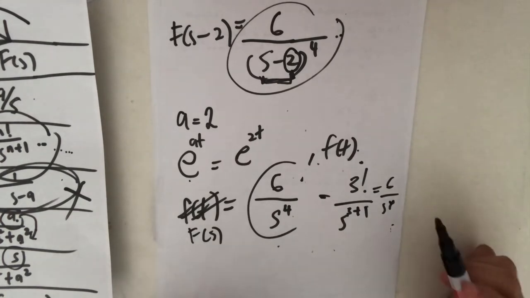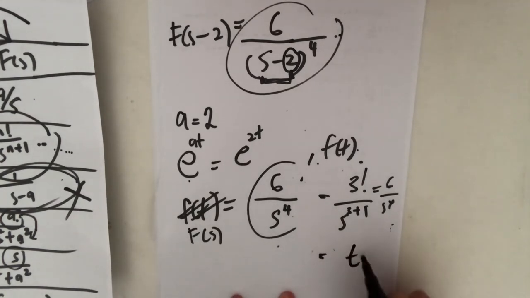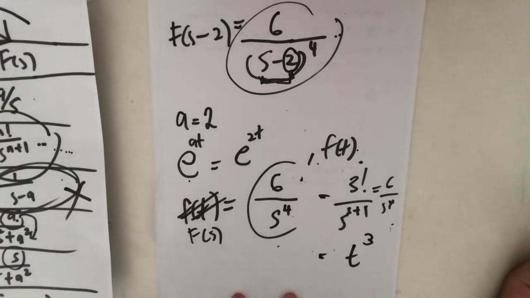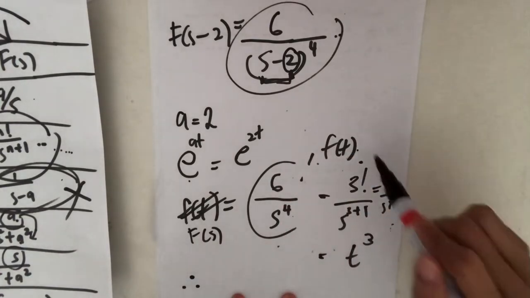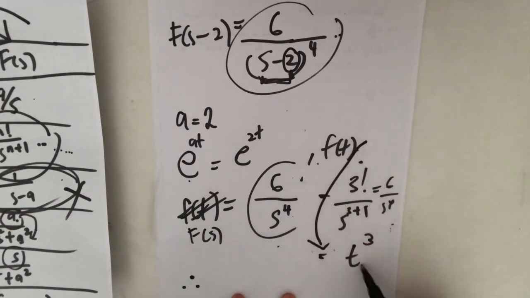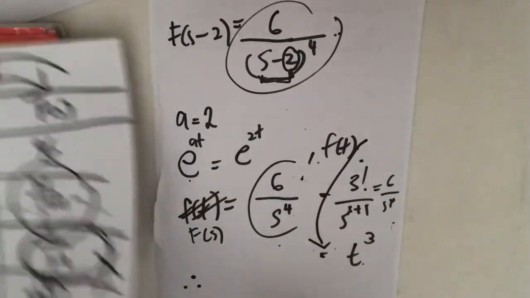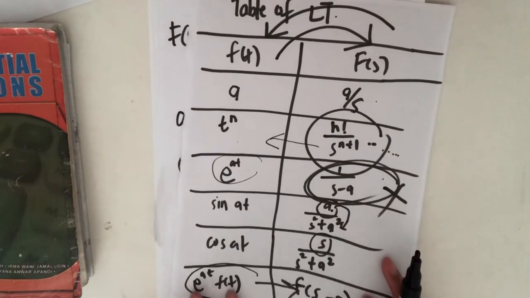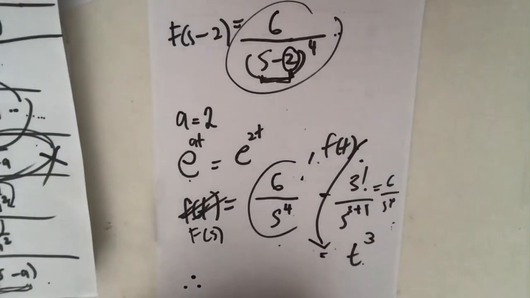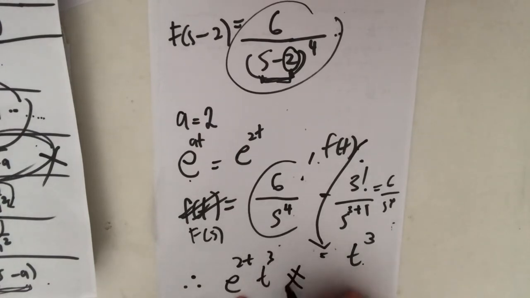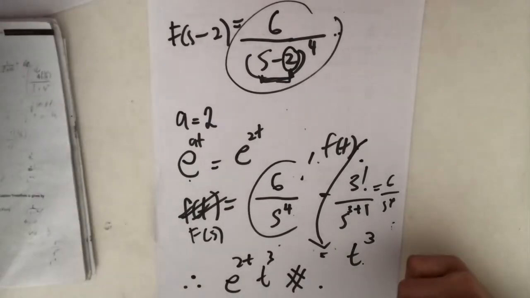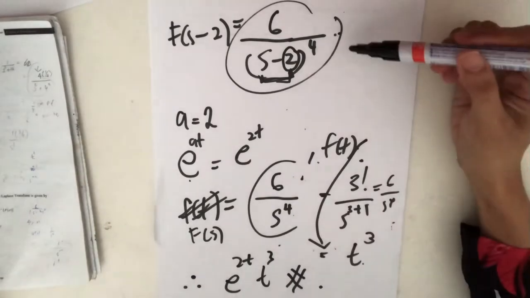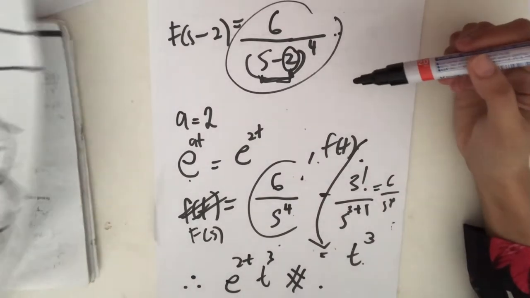So it will be t cubed. Therefore, don't forget to combine. This is your f(t), and this is your e^(2t), so you need to multiply these two. The final answer for this one is e^(2t) t cubed.